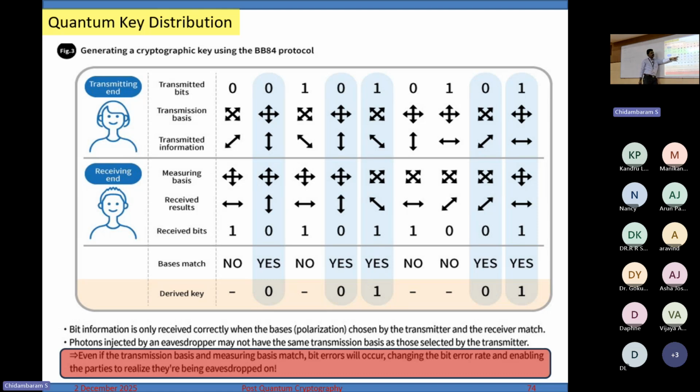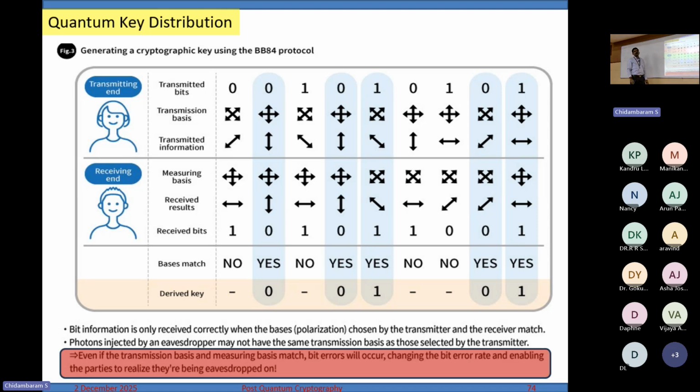What did Bob do? Bob used the rectilinear basis. This is diagonal, this is rectilinear. When you measure it in rectilinear, you get horizontal or vertical. What you got is horizontal, which gives you 1. What was sent is 0, what you got is 1.